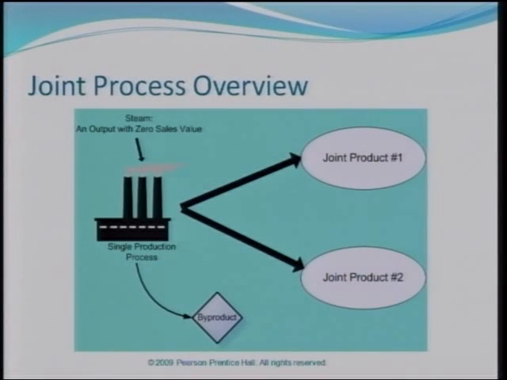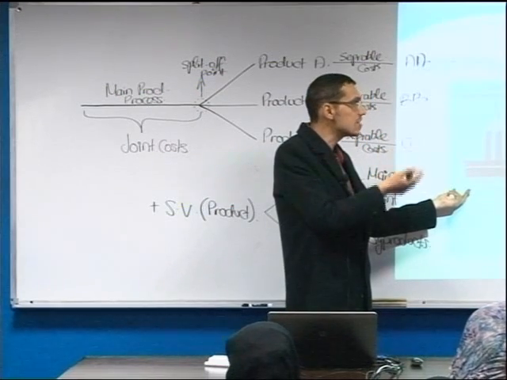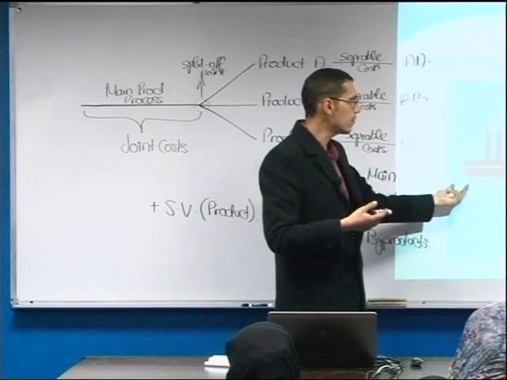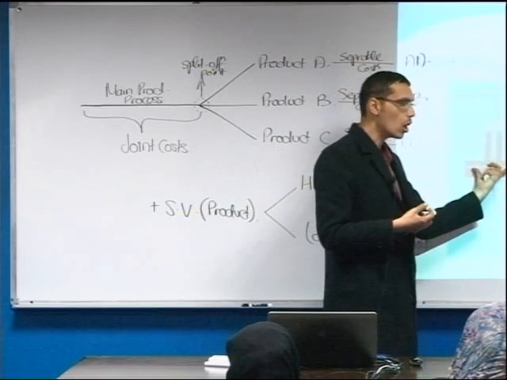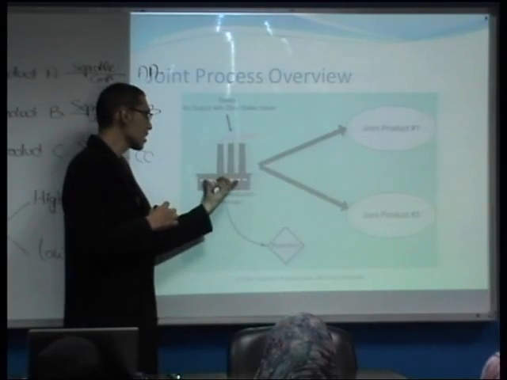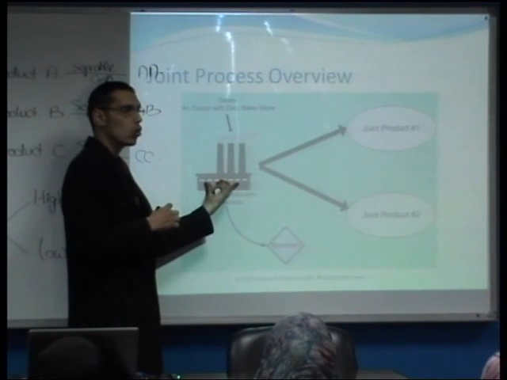Of course, as we can see here, all what we said earlier can be illustrated and summarized in this illustration or this diagram. If we have a single production process, the cost of this single production process is called the joint cost.